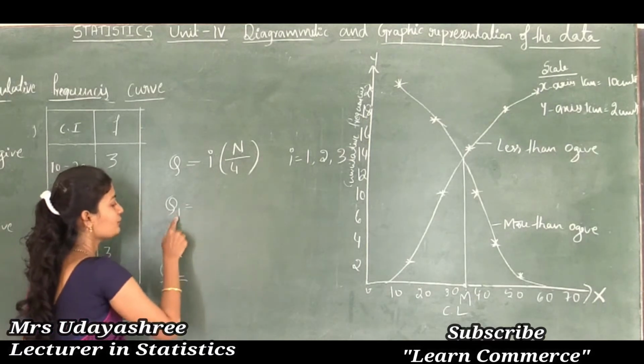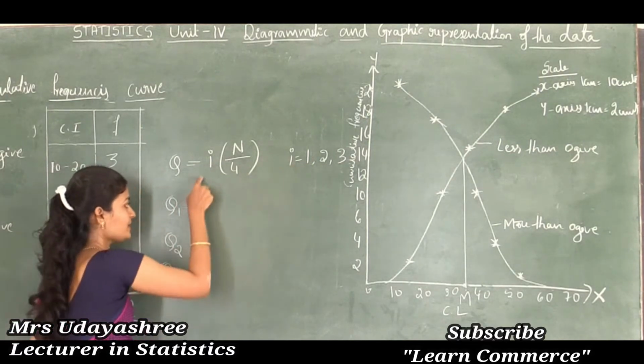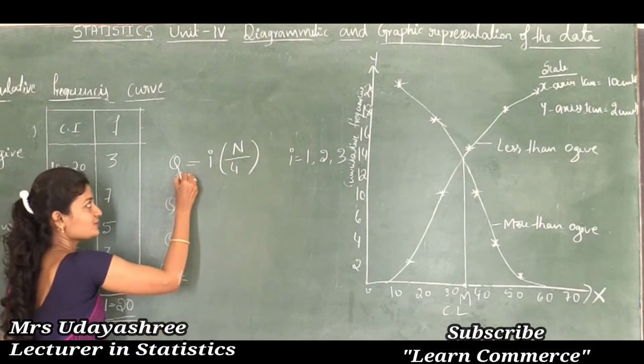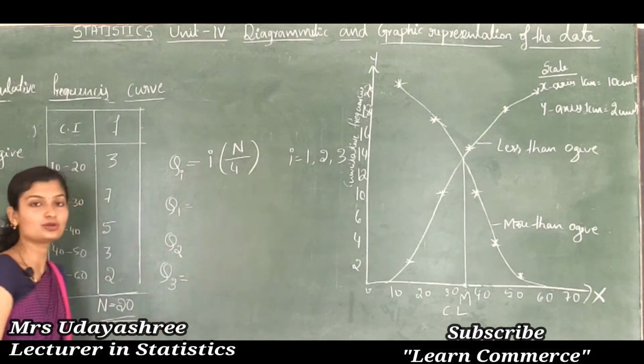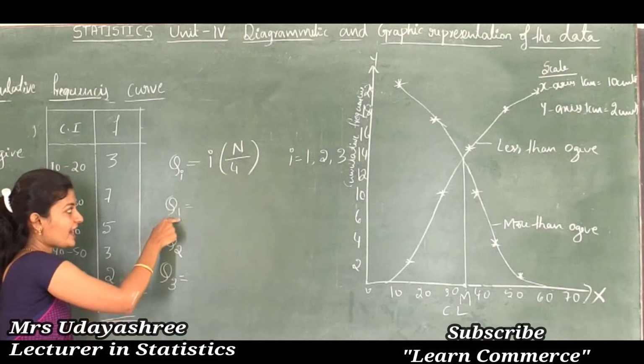So to find the first quartile, in the place of i I will substitute 1. Q_i is equal to i into N divided by 4, and in the place of i here it is 1.